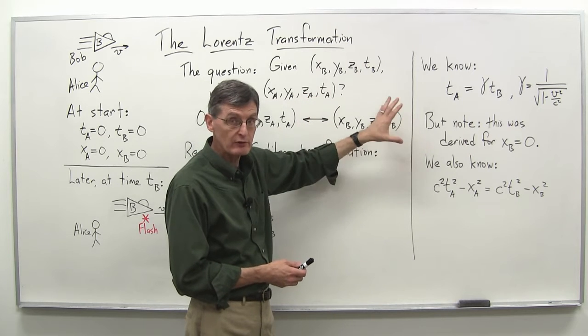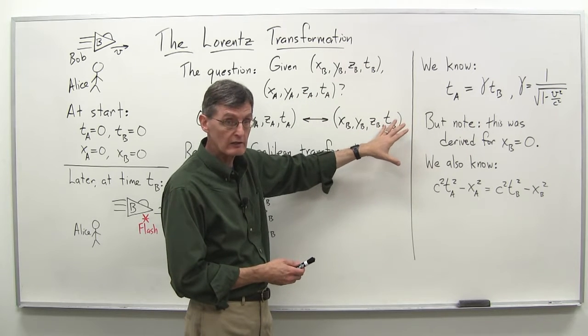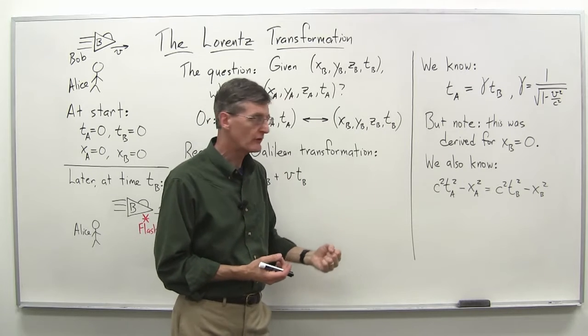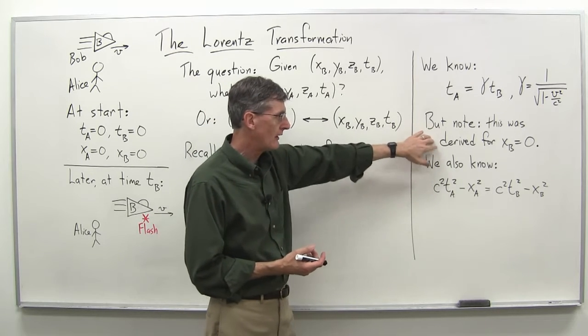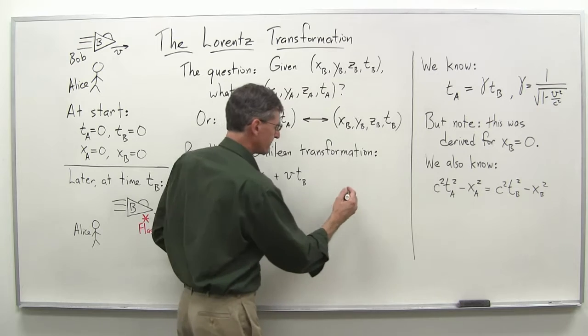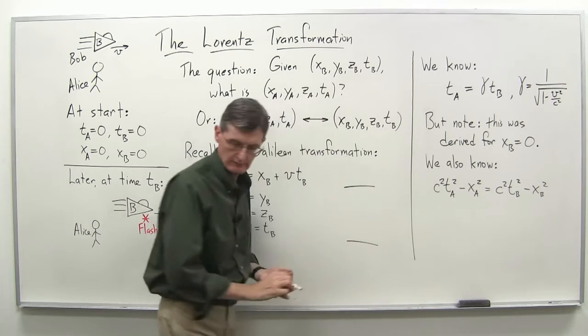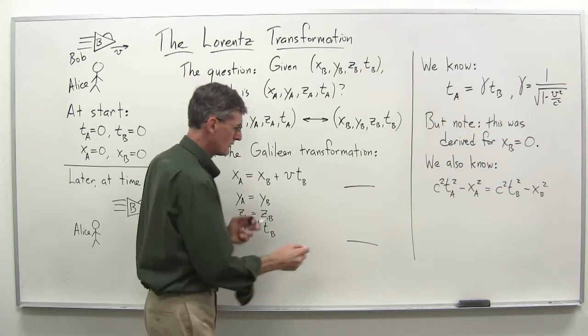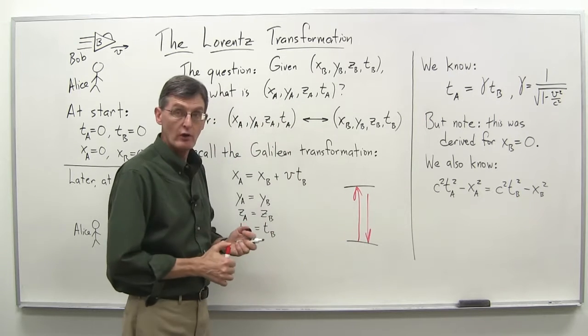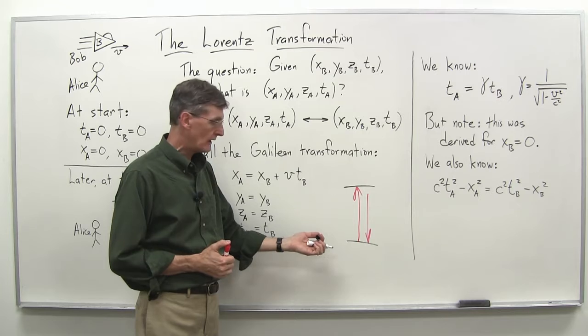Remember how we derived this? We derived it using the light clock, and didn't make a big deal of it at the time because it wasn't important then. But this was derived for Bob's location at 0. In the light clock, we have the light bouncing up and down. That's what Bob sees on his light clock.